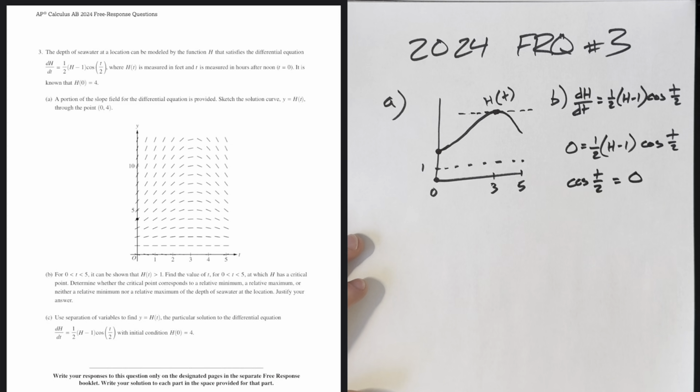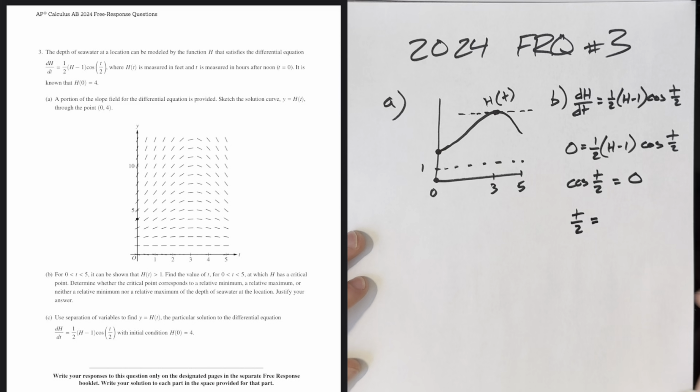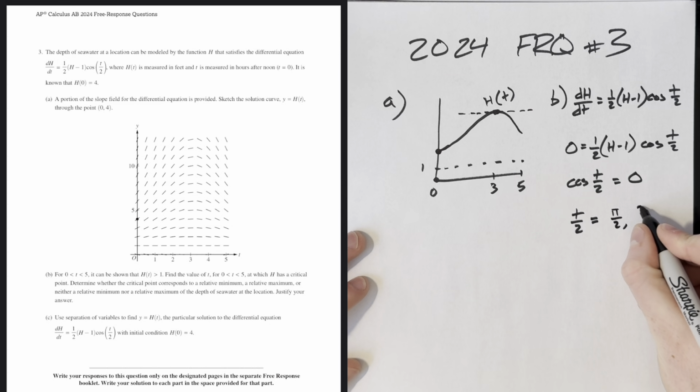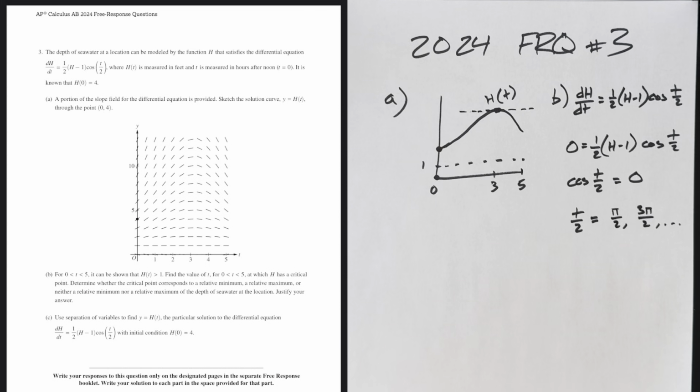Now we know that cosine equals 0 at the top part of our unit circle and at the bottom of our unit circle. So we would get a value for t/2. We would have pi/2. We would have 3pi/2. We would have all of these values in the positive and negative direction.